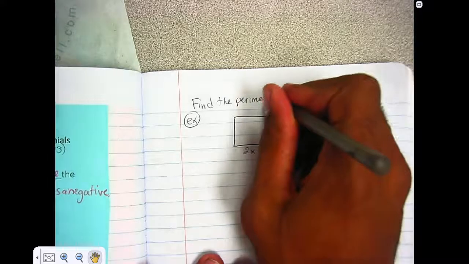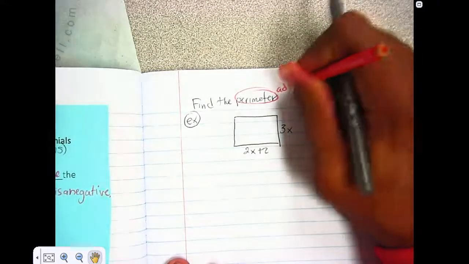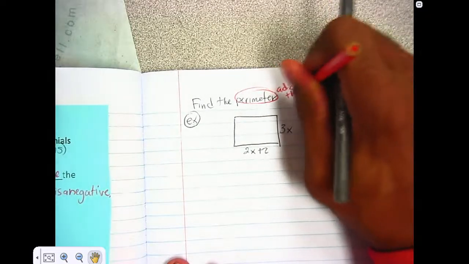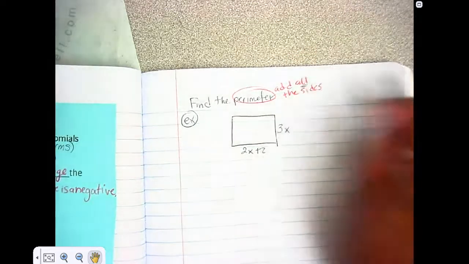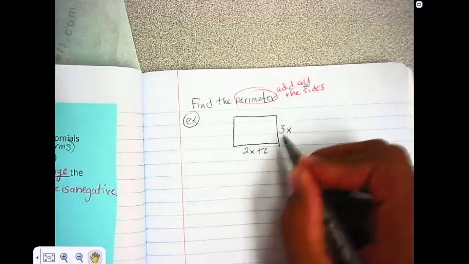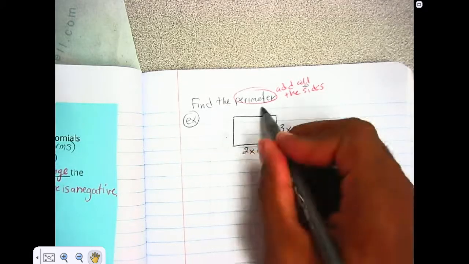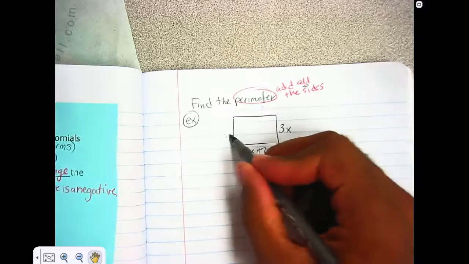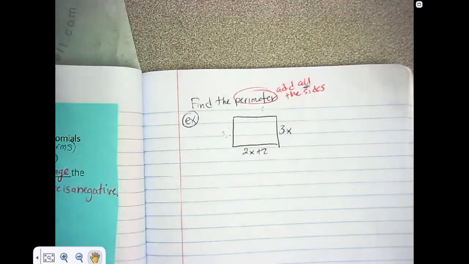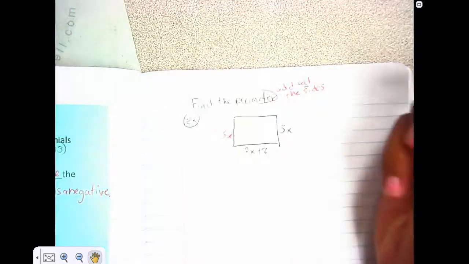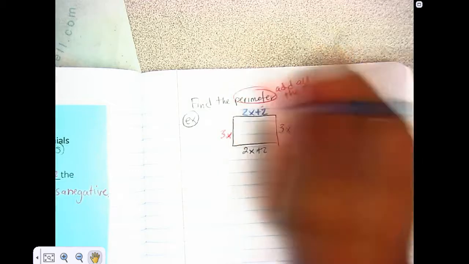Well, if you guys remember what perimeter means, add all the sides. I emphasize all the sides, not just this side and this side, but this side, this side, this side, this side. So I need to figure out what these sides are, and you guys know this side is the same as this one, so this has to be 3x, and the one above has to be the same as below, so 2x plus 2.